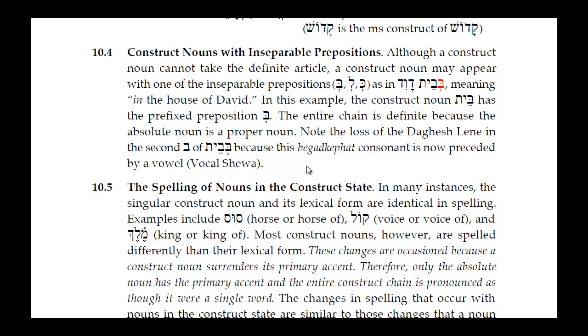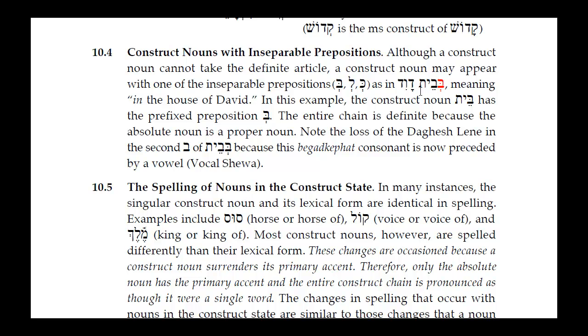Now, we also need to note the loss of the dagesh lene in the second bet of bevet, because the begadkefat consonant is now preceded by a vocal shewa here. We've got the vocal shewa in the inseparable preposition. So what happens is the dagesh lene that was normally in that bet for bayit drops out, and so it's bevet David.